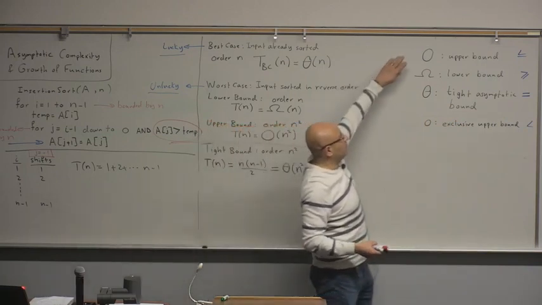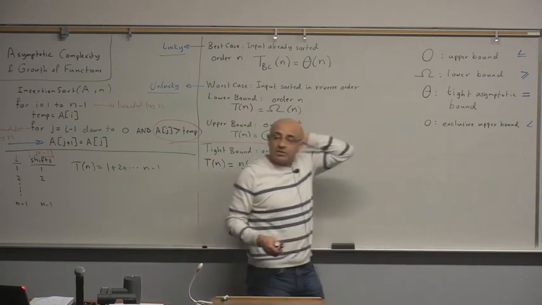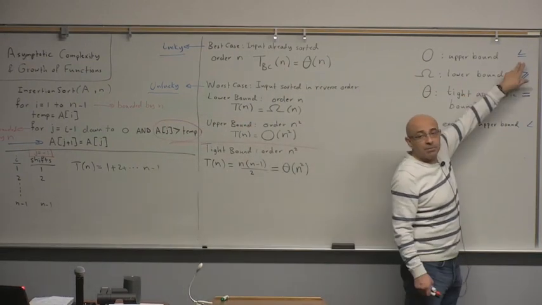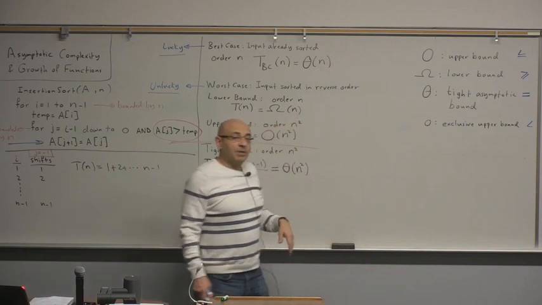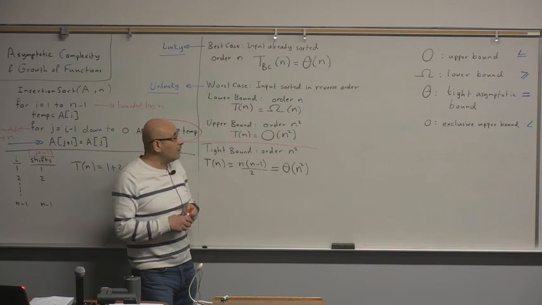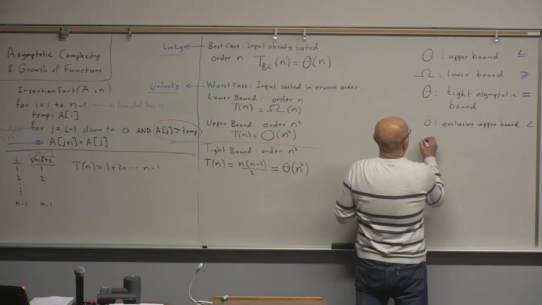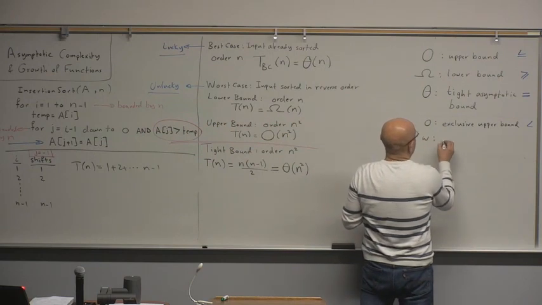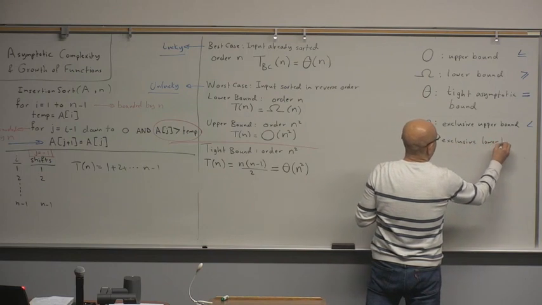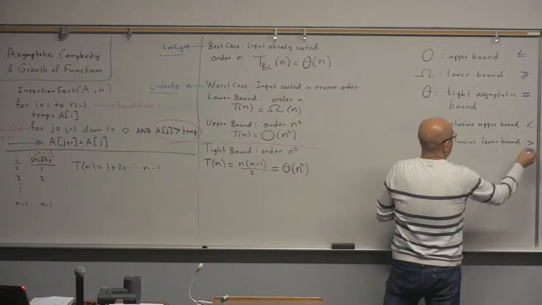You cannot simply replace big O with less than or equal. Conceptually, when you compare functions using big O, it's similar to comparing numbers using less than or equal. But mathematically, you cannot just replace big O with less than or equal, or big omega with greater than or equal. And there is a small omega, which is an exclusive lower bound. So it's equivalent to greater than.